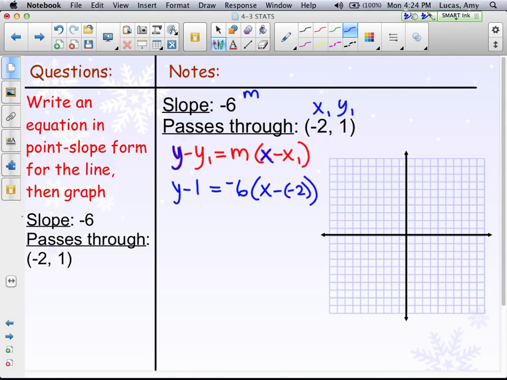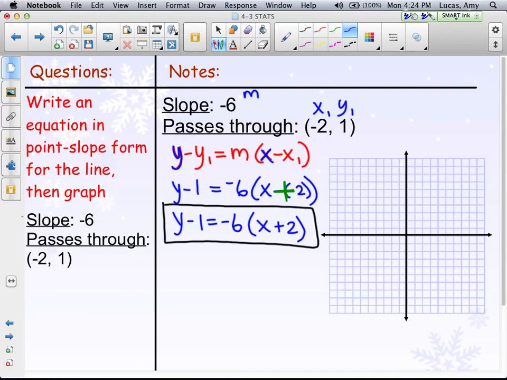So the only simplifying again is a plus. You can rewrite it if you want it to look a little bit neater and just make it x plus 2. So in the formula, if you subtract a negative number, it's going to turn into a positive.